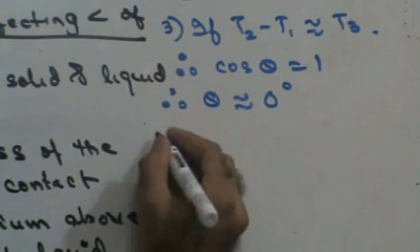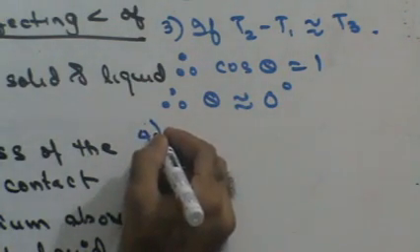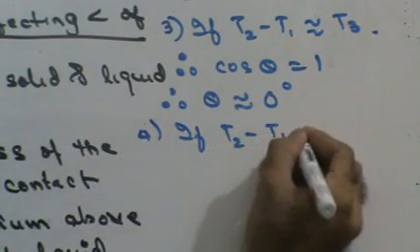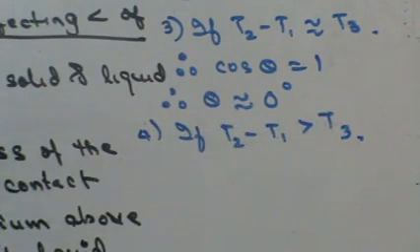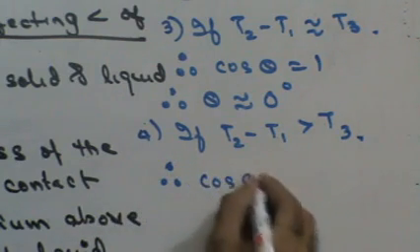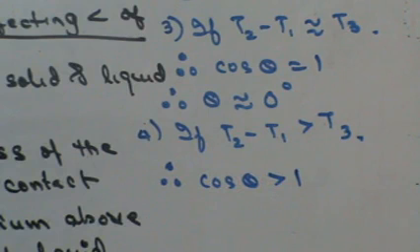Next, let's consider another alternative. If T2 minus T1 is greater than T3, then cos theta will be greater than 1.